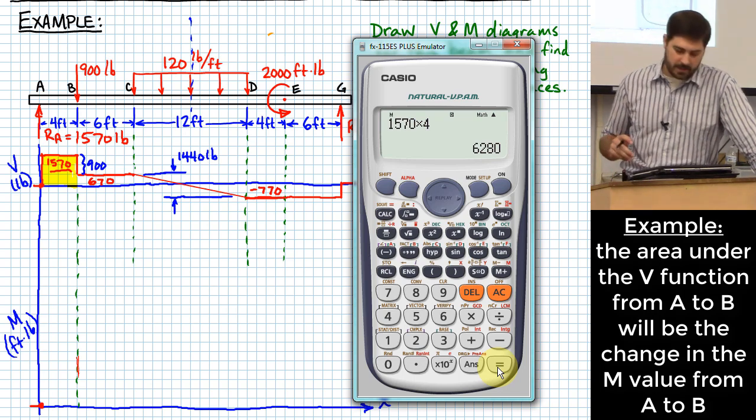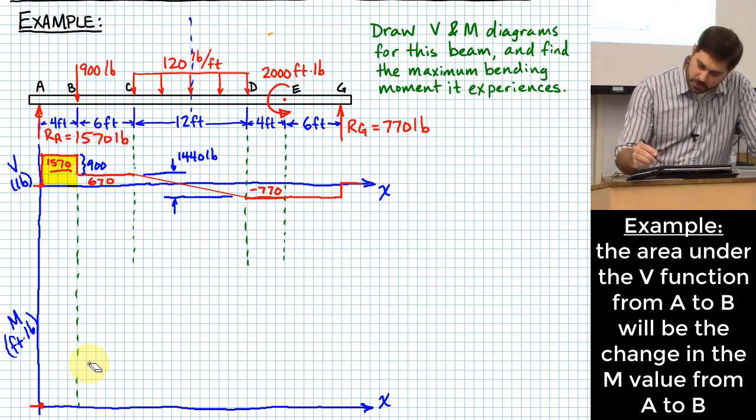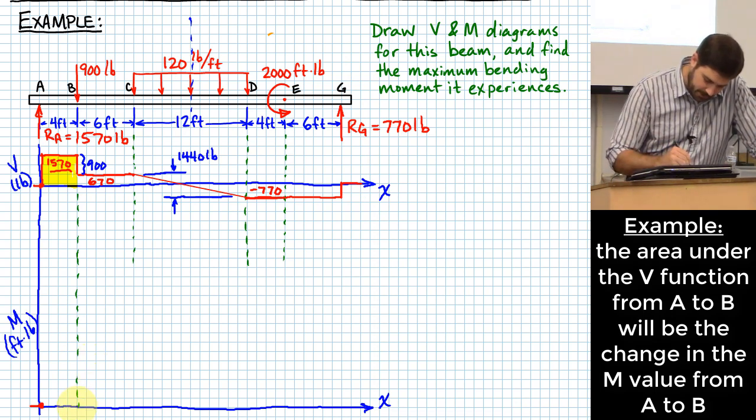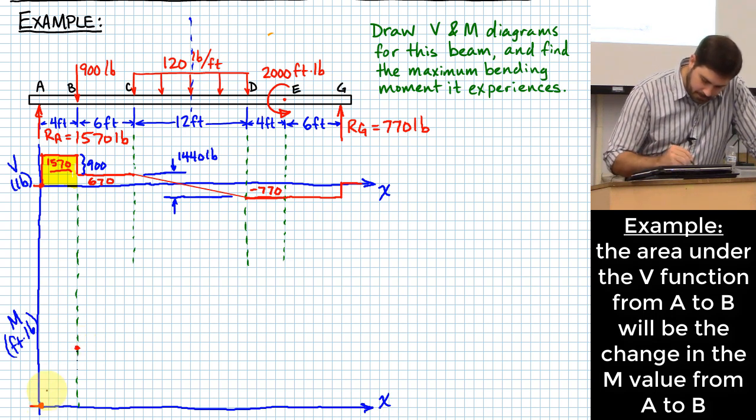right? And I tell you what, let's make each of these little squares 1,000. Okay, so 1, 2, 3, 4, 5, 6, and then, somewhere in here, right? So I'm going to put that point right there and say that from one point to the other is going to be a straight line.